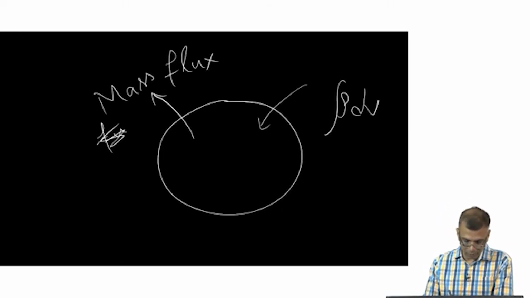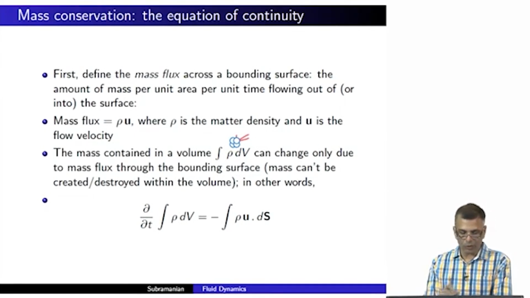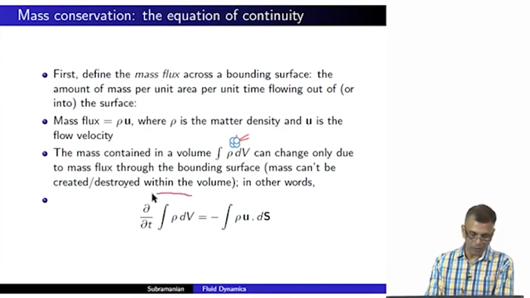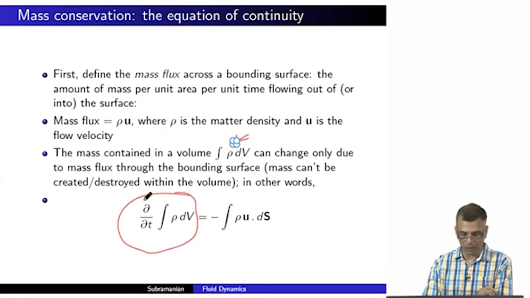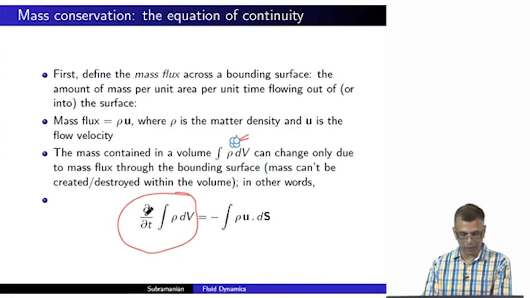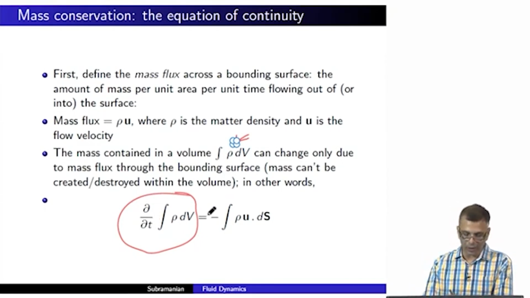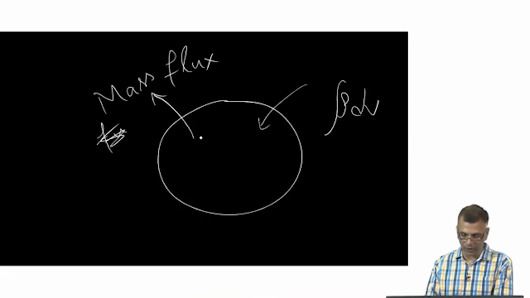That's what this says here. And so the time rate of change of the total mass, this integral, is essentially the negative of the mass flux, which is rho u, integrated over the surface area. Which surface area? The bounding surface.